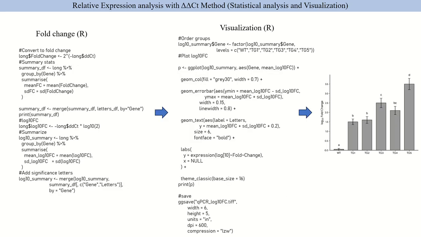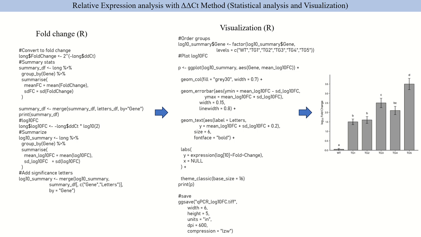Fold change is calculated as 2 to the power minus ΔΔCt, and the variation is computed per group. Log transformation often improves interpretability and plotting.